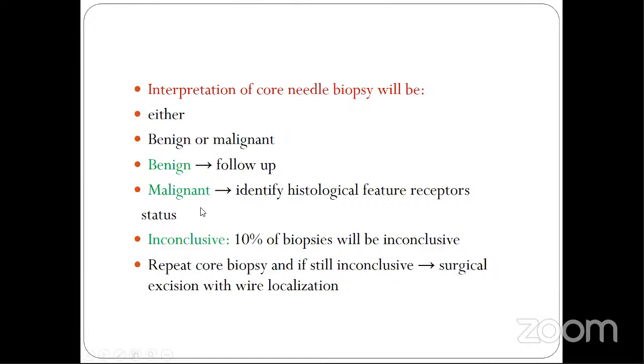If malignant, we'll identify histological features and receptor status. Or it may be inconclusive. About 10% of biopsies will be inconclusive, so we'll repeat the core biopsy. If still inconclusive, we'll go for surgical excision.